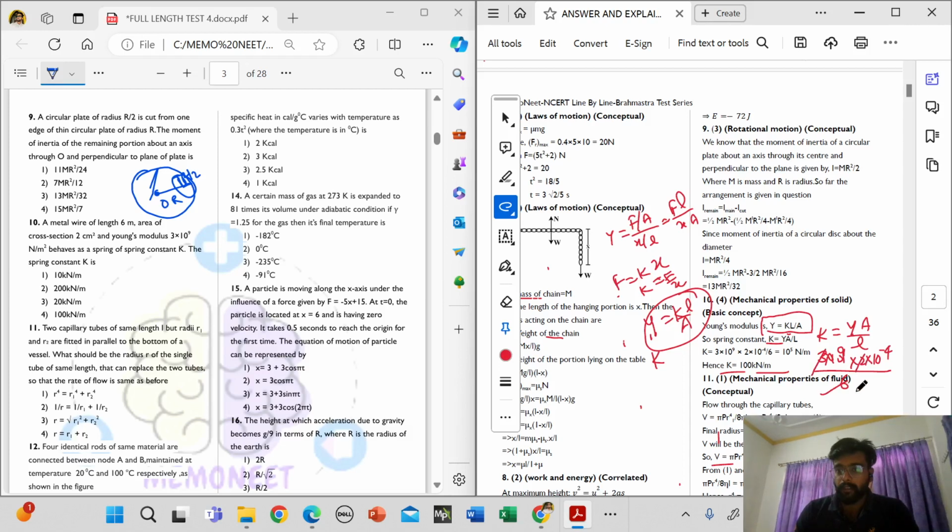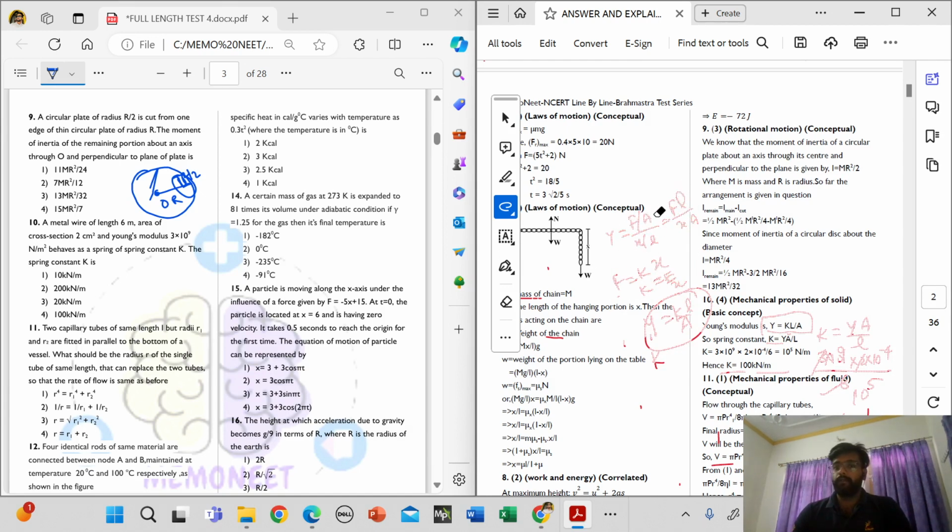So we get 10 raised to power 5, which is written as 100 kilo Newton per meter. So we get our answer. Simple, just a formula and a simple concept. If you can't remember it, learn how we get this formula.